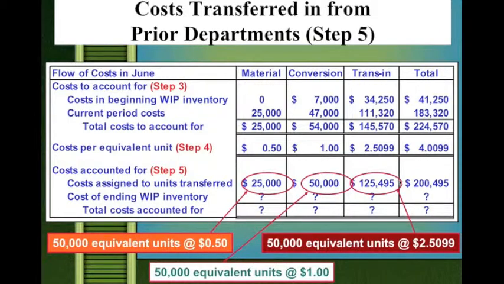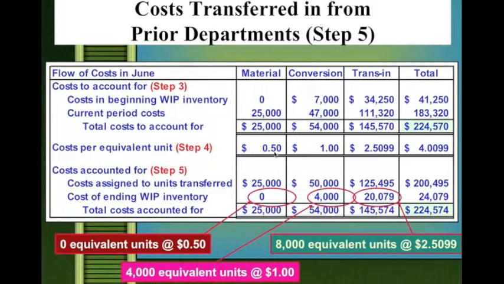So that way we have our answers here using each specific price that we came up with in step 4. So now proceeding with step 5, we have the WIP cost ending is the equivalent units again times the price. So we have the equivalent units we computed in the prior slide times each of the prices.